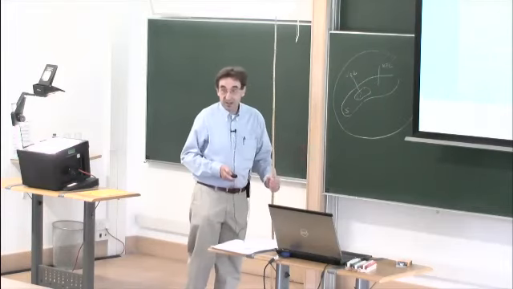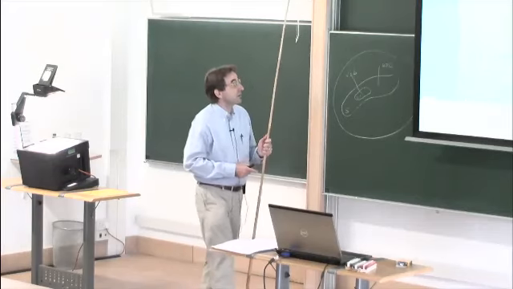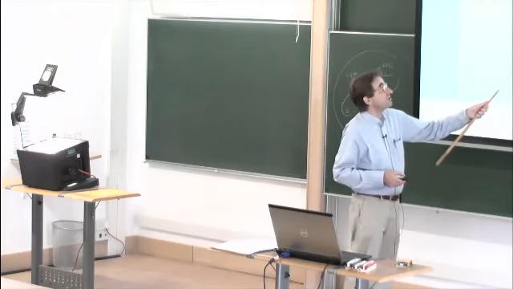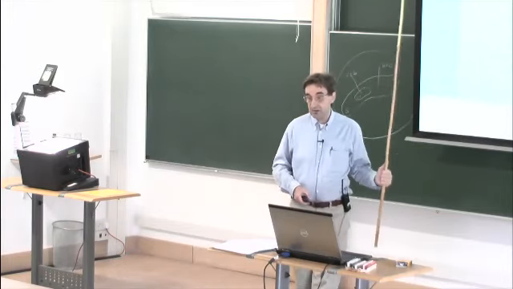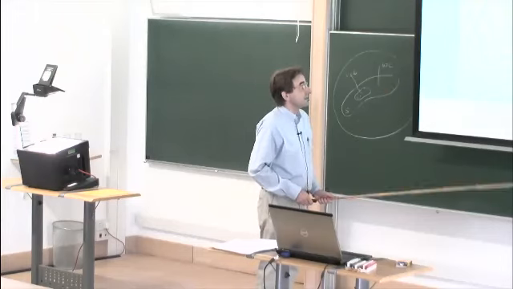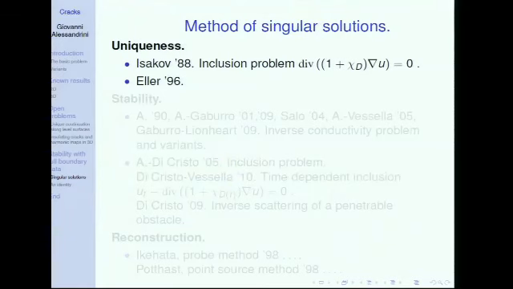I know that I have learned it from Victor, from his paper in which he considered the problem of transmission. That is, one has a conductivity with a jump, and one wants to determine the jump from the Dirichlet to Neumann map. And he proved the uniqueness in this case using singular solutions. And in fact, also the result by Eller of uniqueness that I have mentioned before is based on an approach which uses singular solutions.